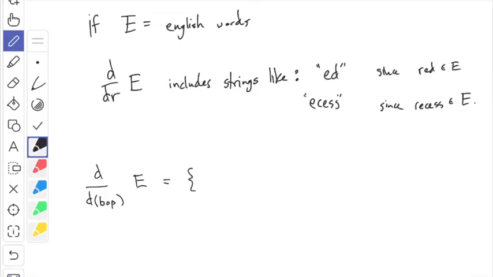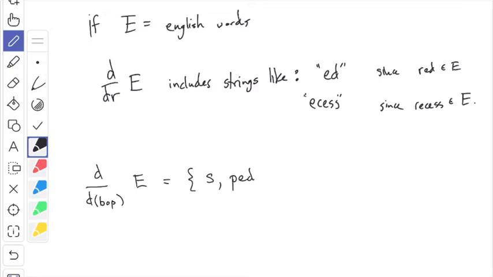How about this? That's one thing, because bops is a word, right? Anyone want to give me another one? I believe bopped is a word. So if you remove the initial bop, it would be this, right? Because bopped with two P's is a word.